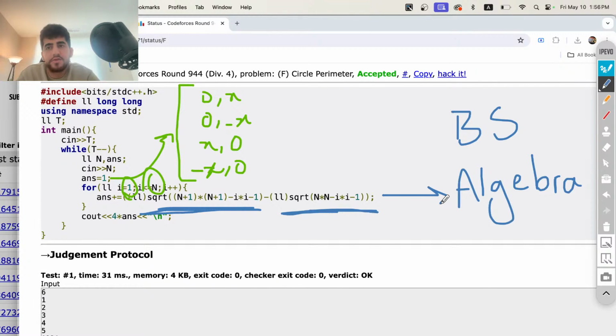Okay, shall we move on to the next one, or do you have any questions about this problem? Mathematics, yes. Okay.